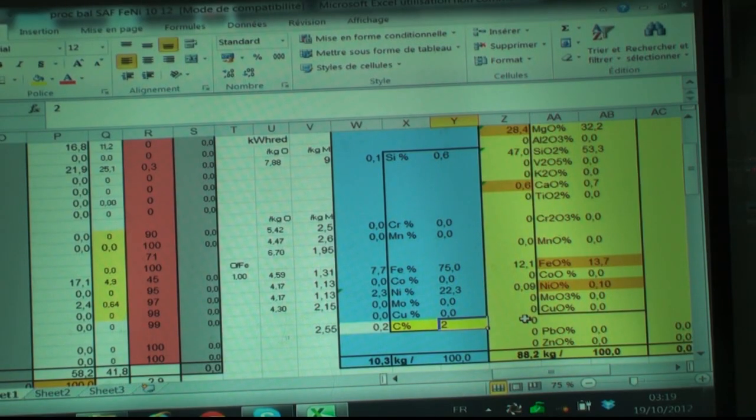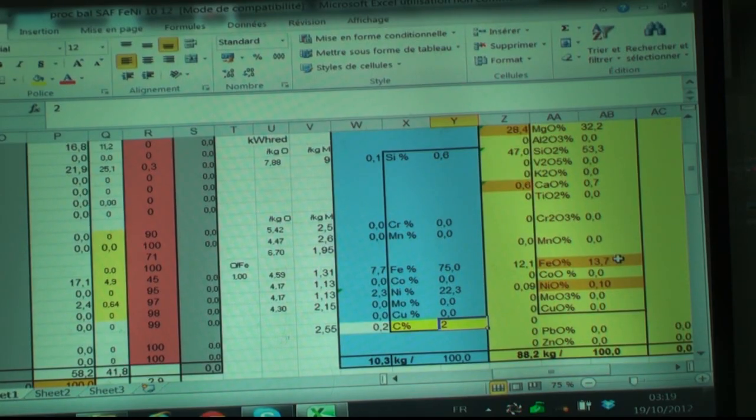Yesterday, when we considered the ferromanganese calculation, we changed the calculation for FeO in slag. We had FeO in slag. Yeah.